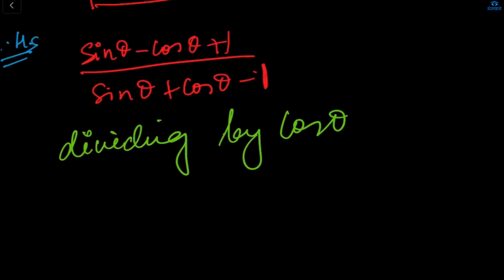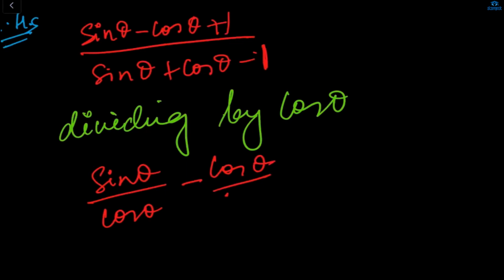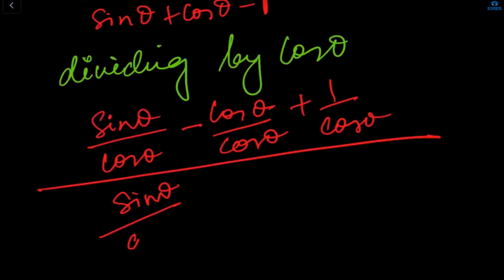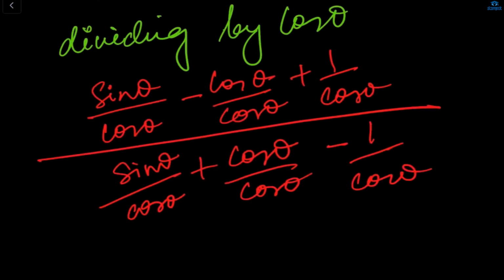I'll write it completely so nobody gets confused: sin theta upon cos theta minus cos theta upon cos theta plus 1 upon cos theta, over sin theta upon cos theta plus cos theta upon cos theta minus 1 upon cos theta. Is it clear to everybody?